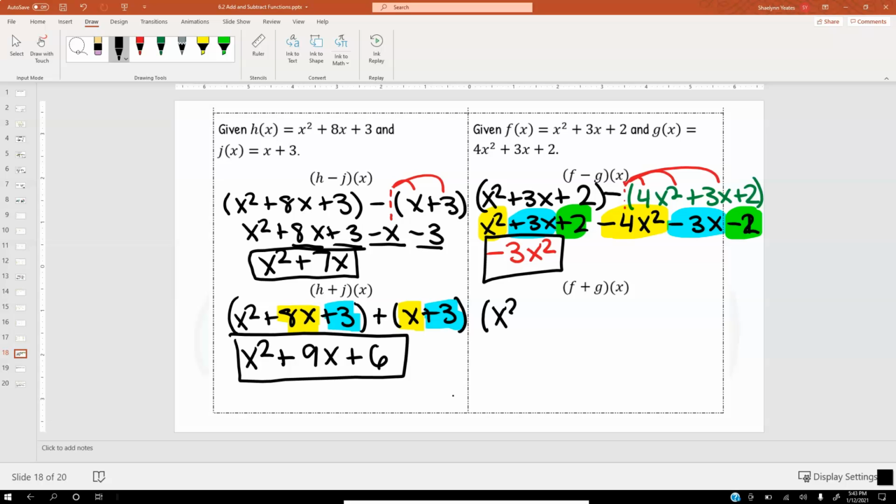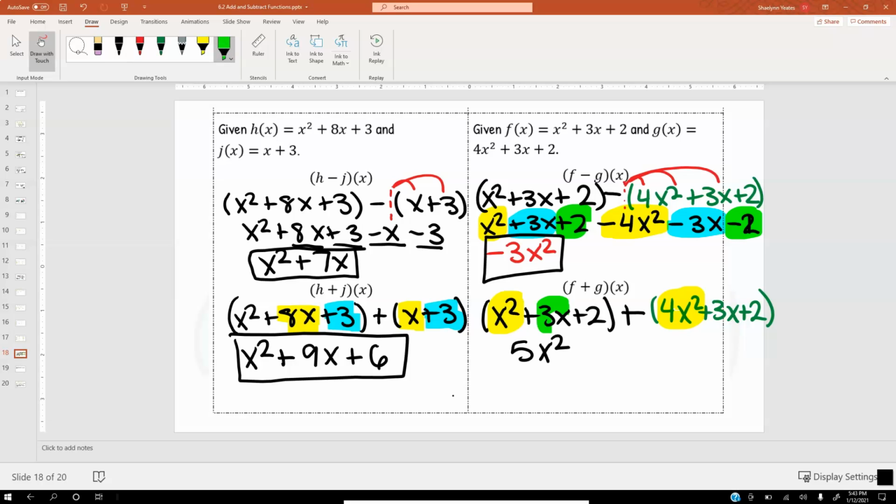All right, let's take a look at the next one. So this time we have x squared plus 3x plus 2, exactly like last time. And this time we're going to add, and I'm going to write my g of x in green again. So we've got 4x squared plus 3x plus 2. Now because there is no minus, I have nothing to distribute, so I can just start combining like terms. So I have x squared plus 4x squared, and that gives me 5x squared. Then I have a 3x plus 3x.